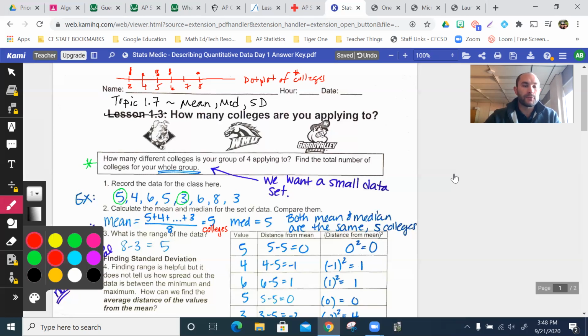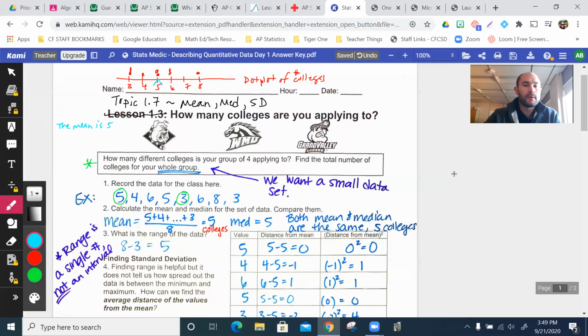The average is 5. So if I draw the average here, I'm going to draw a little arrow right here. The interpretation of 5: we would say the mean is 5 colleges, and that means 5 colleges is the balance point of the distribution.